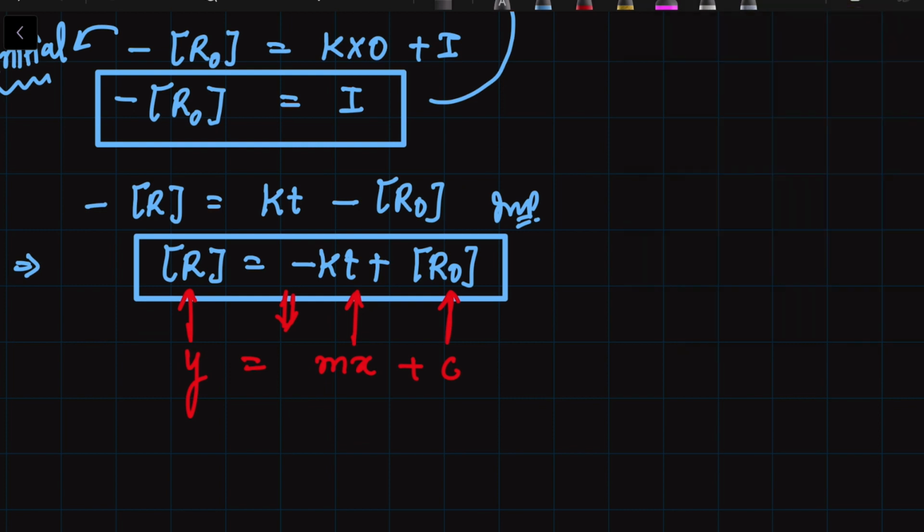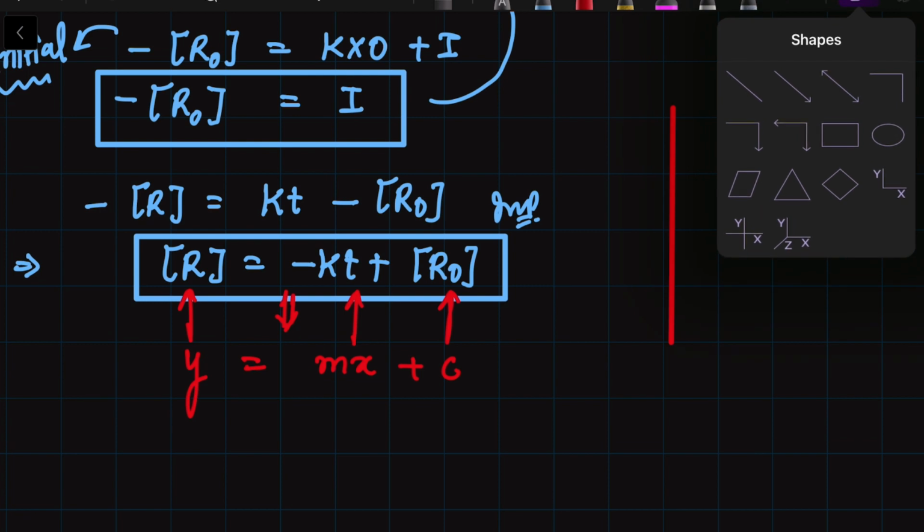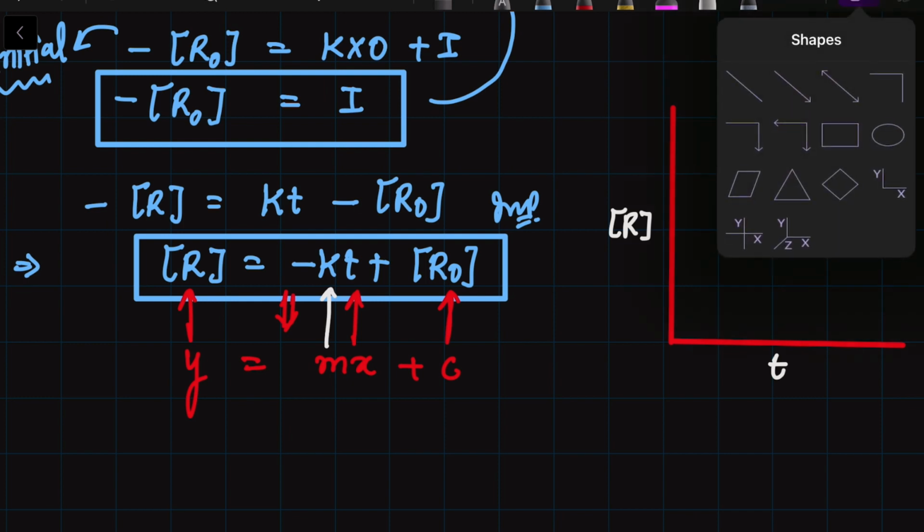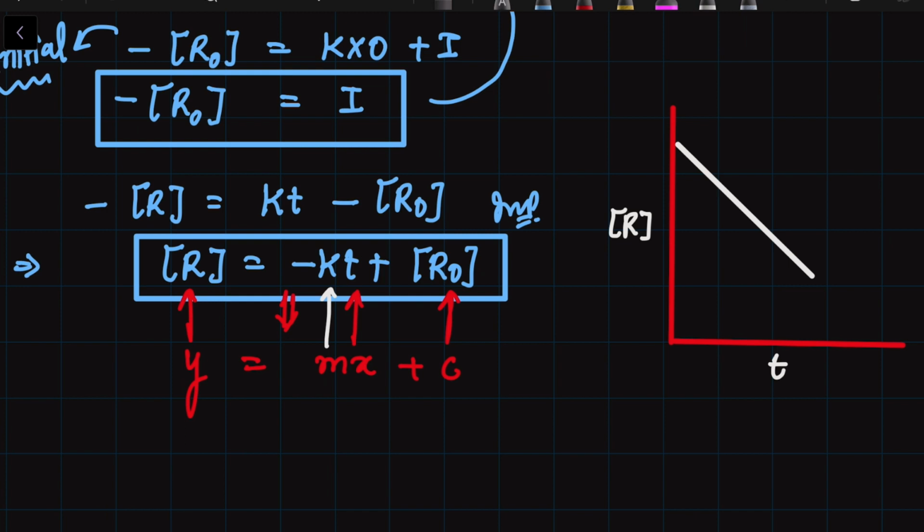So I am drawing the graph here, with the concentration of R on the y-axis and t, time, on the x-axis. Since the slope m is minus k, our equation will show this kind of graph with a negative slope, and it will touch the x-axis. Please remember this line touches the x-axis.